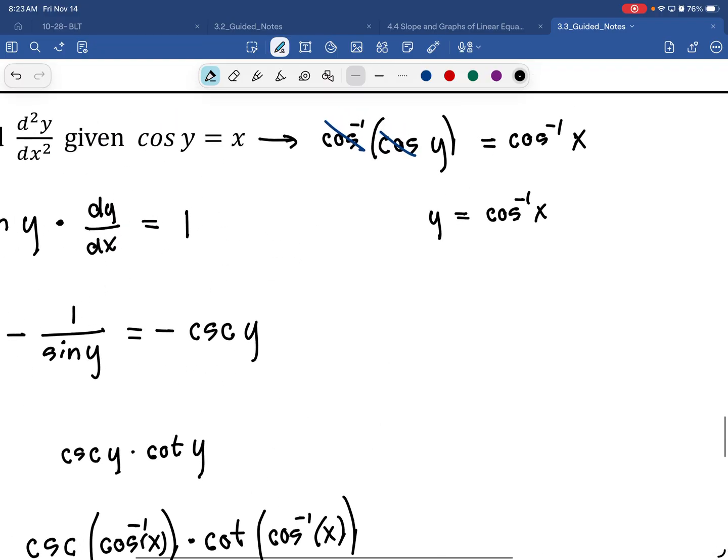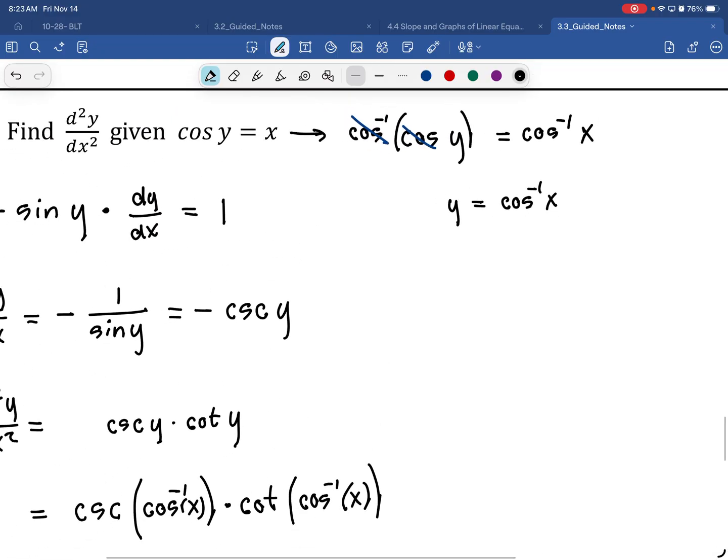And all the cosine inverse of x is, it's doing the unit circle in reverse. If I asked you for the cosine of pi, you know the cosine of pi? Change your sign. Yeah. The cosine of pi is -1.